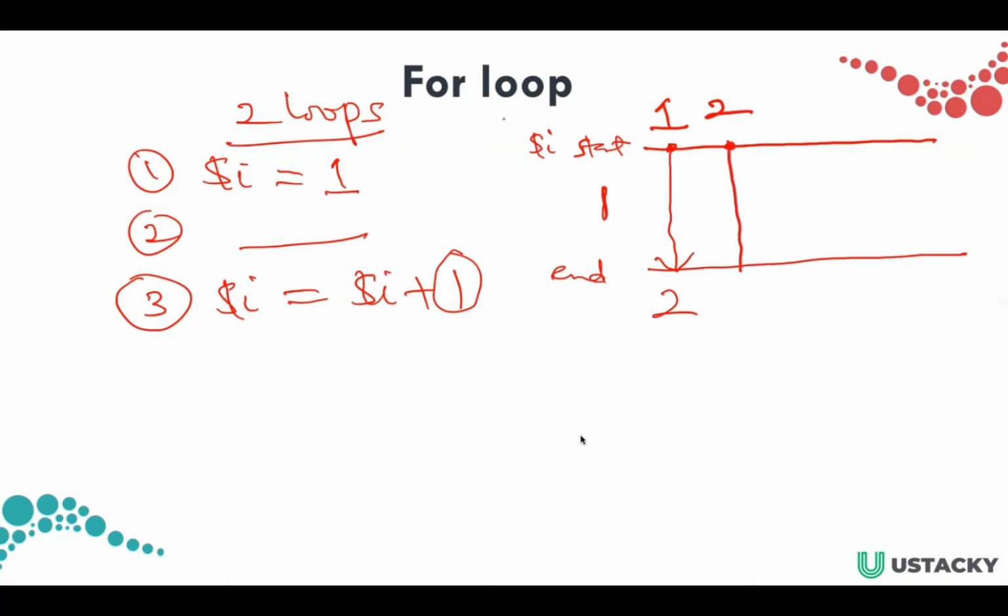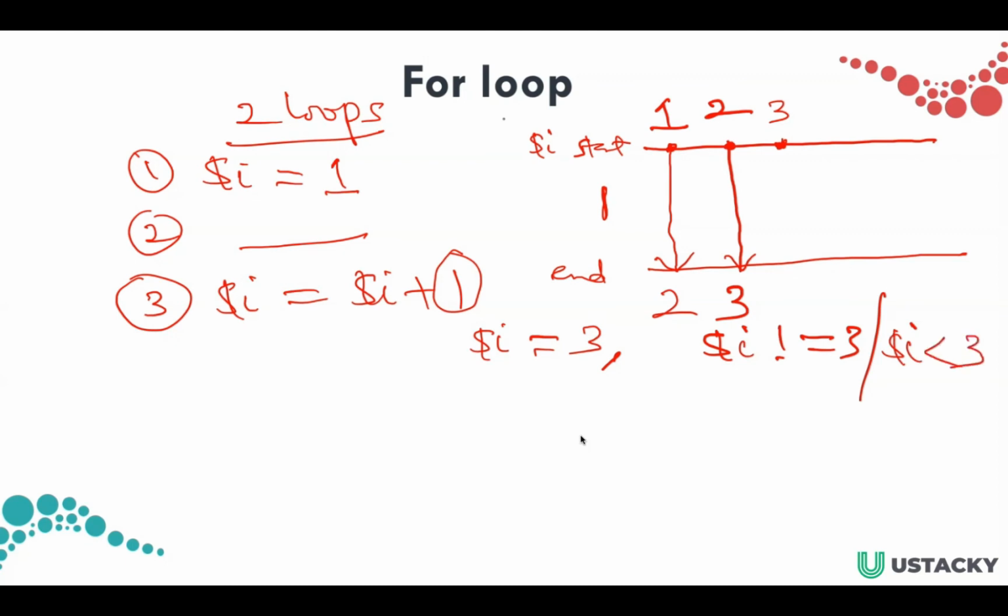When you move down, this is 3, and this is going to be the starting point of the next loop. But we only need 2 loops, so it means by the end of the 2 loops, $I equals to 3. So to write our condition, we can either have $I is not equals to 3, or we have $I is less than 3.